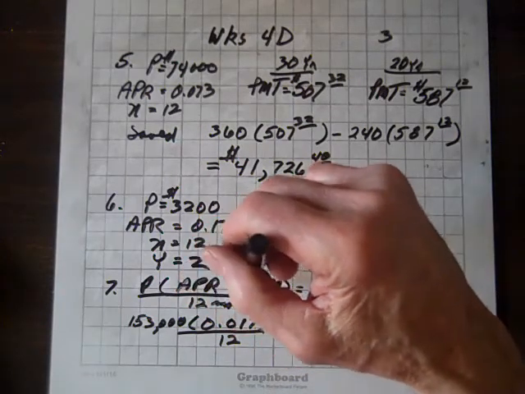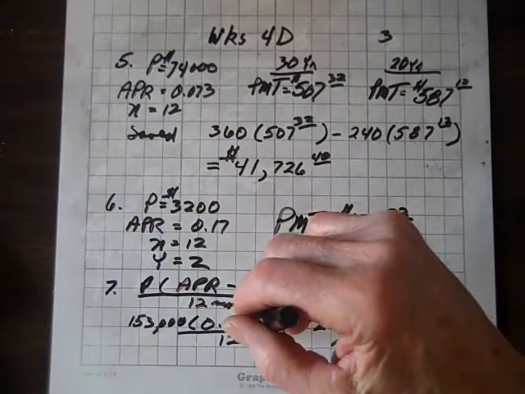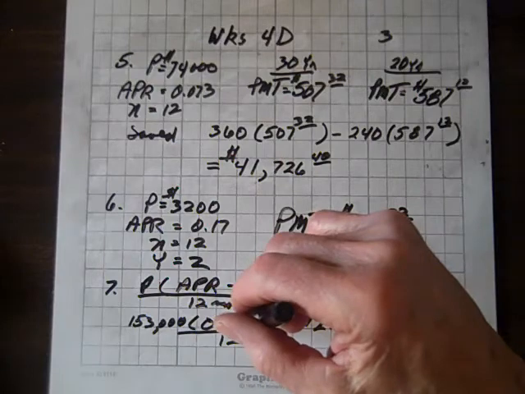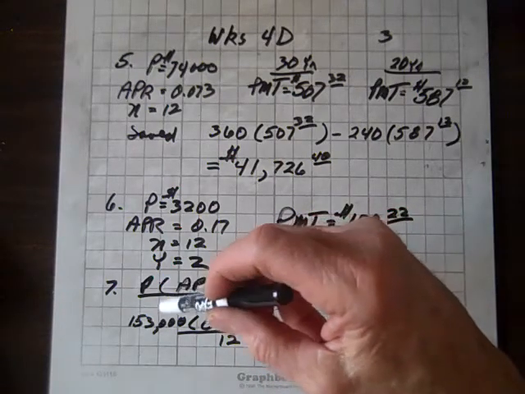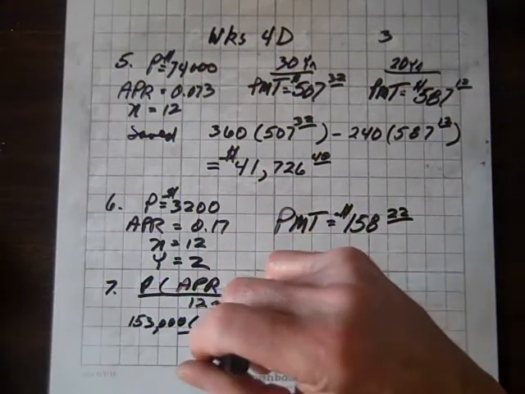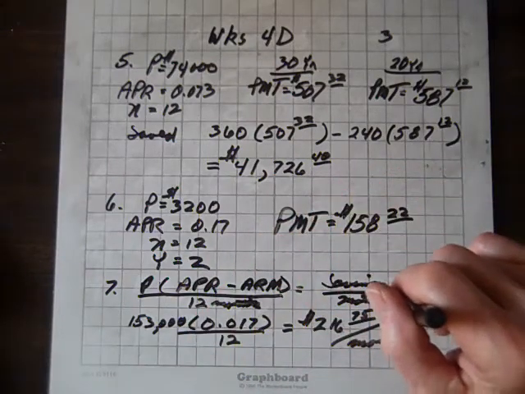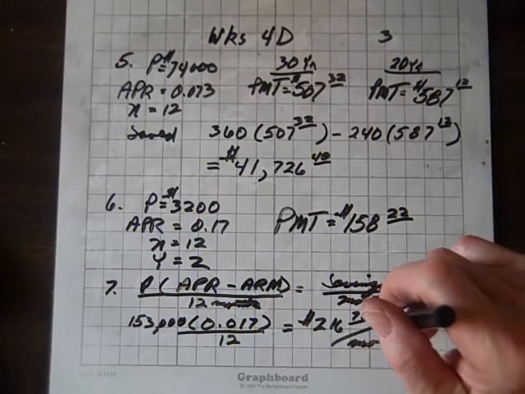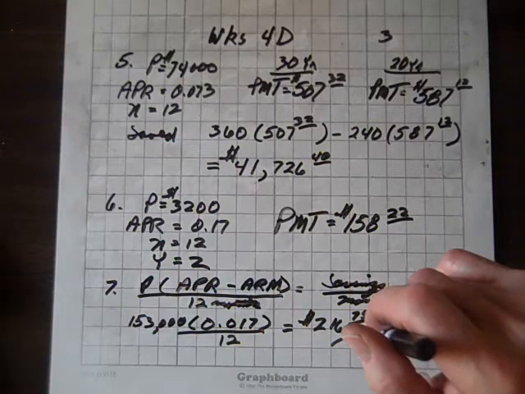And the difference between the two is 1.7% or 0.17. And we're going to multiply that times the principal, divide by 12, and that'll be an estimate of how much we will save monthly if we use the lower interest rate.